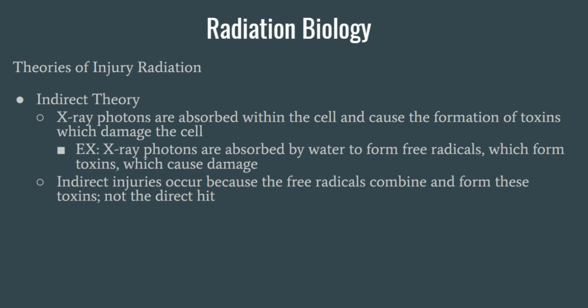They form free radicals, which form toxins, which can cause damage. So your indirect theory has a lot more to do with those free radicals. It's being absorbed within the cell, it's causing that molecular change, and it creates those toxins, and the toxins cause damage. So it is not the direct hit that results in the radiation injury.